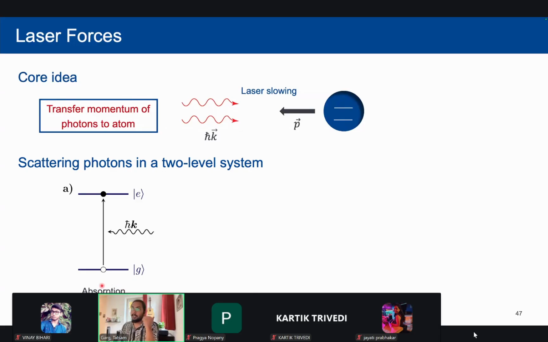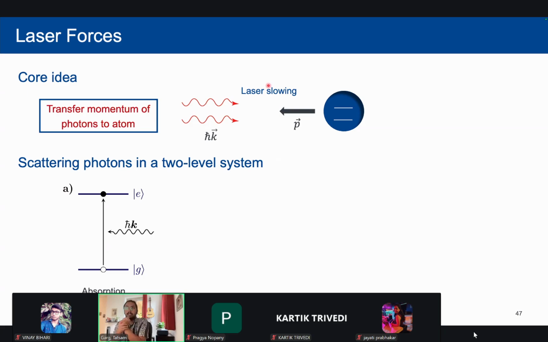When it's in the ground state, if you tune the frequency or the energy of your laser very carefully to be in resonance with the energy difference between these ladder states, then you force the atom to absorb the photon and go into the excited state. This transfers the momentum of the photon into the atom because the total system has to have a conserved momentum.